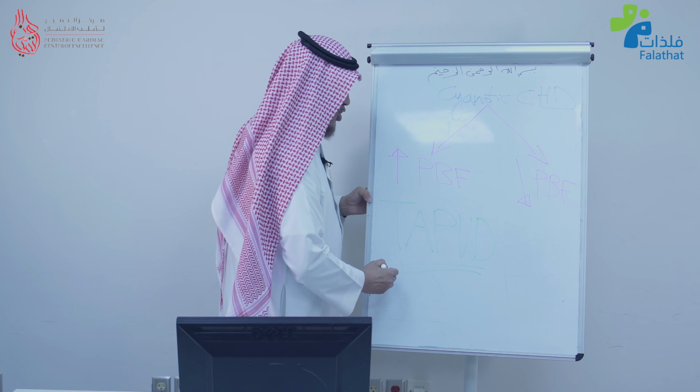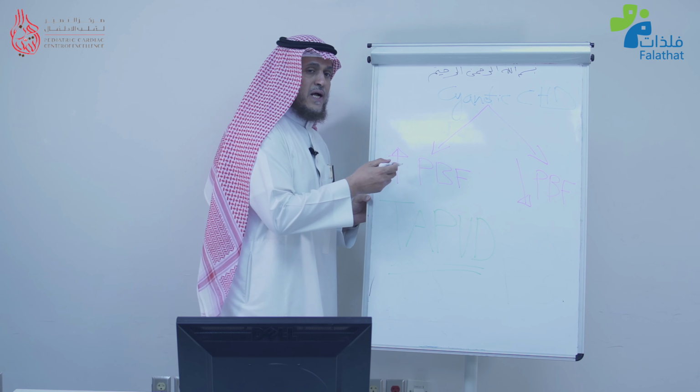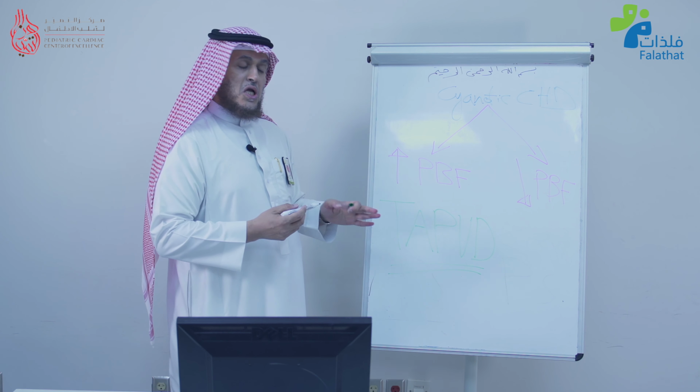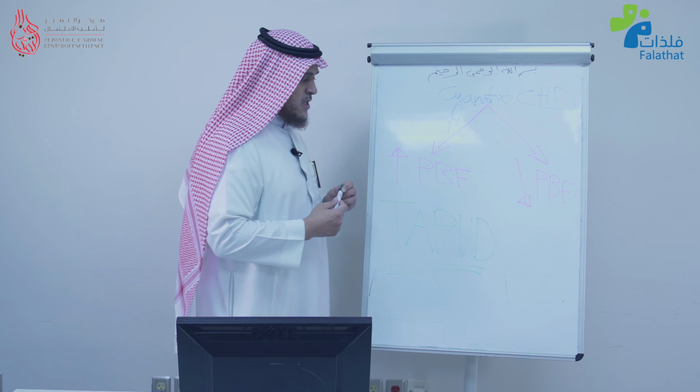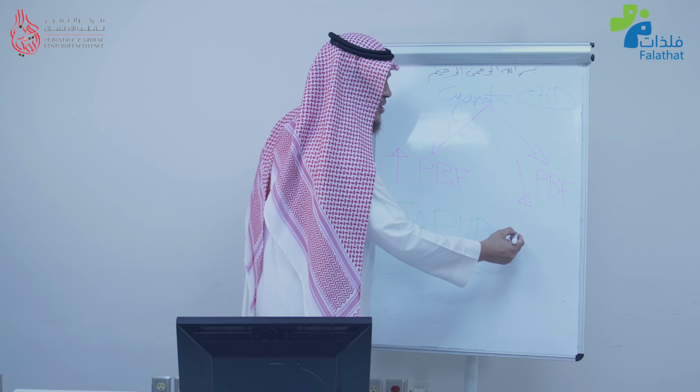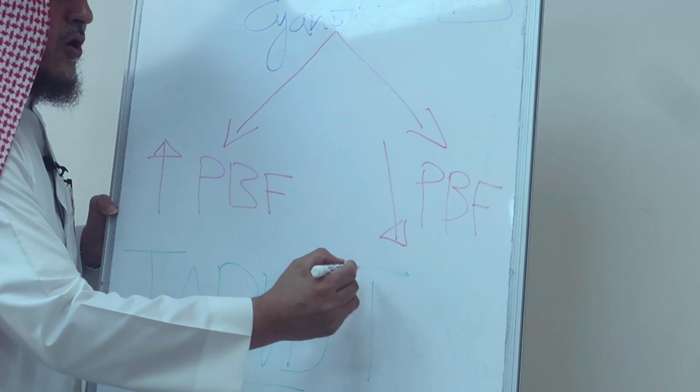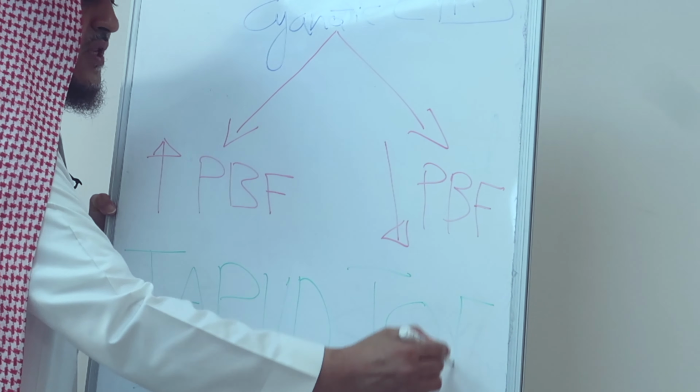This is one common disease that falls under the increased pulmonary blood flow, and so many other diseases. And on the other side, there is tetralogy of Fallot, or TOF.